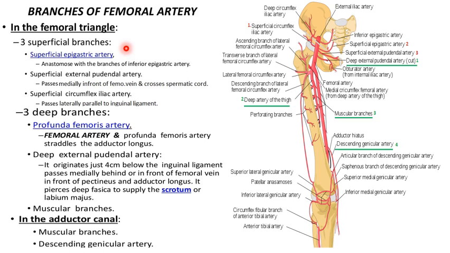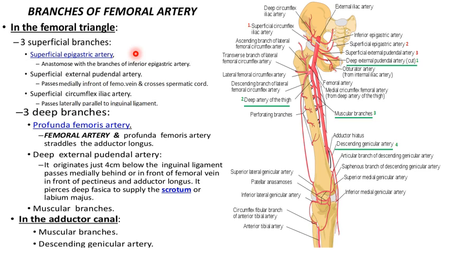The superficial branches are the superficial epigastric artery, superficial external pudendal artery, and superficial circumflex iliac artery. The deep branches are the profunda femoris artery, the deep external pudendal artery, the descending genicular artery, and the muscular branches.